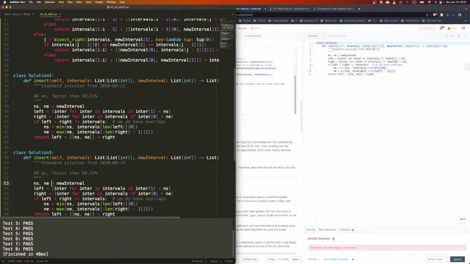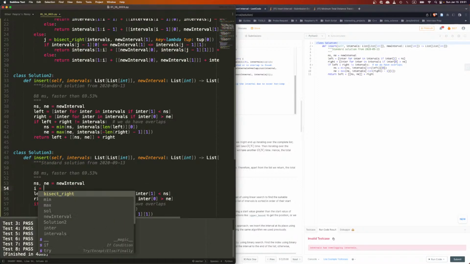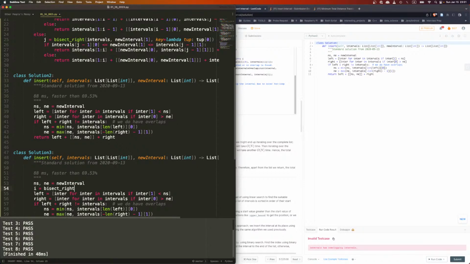What if I say i equals bisect right, intervals, new s, key equals lambda tuple, and tuple 1, because that's 1, right? So we find one, and if it's equal, it will go to the next one. That's the i. If these two are not the same, then we have a left.